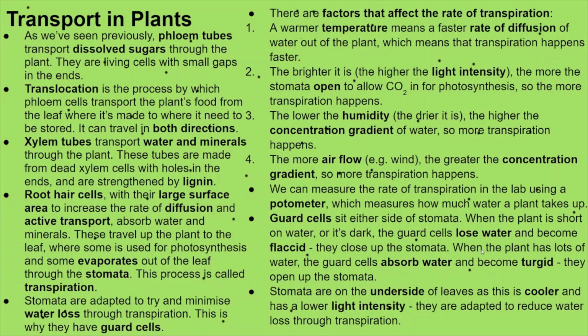And when the plant has lots of water, the guard cells absorb the water, they become turgid, they open up the stomata, ready to allow CO2 to diffuse in. And the stomata are on the underside of the leaves. It's cooler, has a lower light intensity, and these are all adaptations to reduce water loss through transpiration.